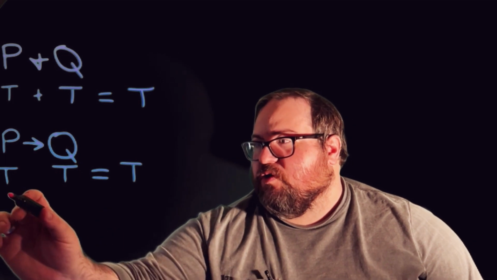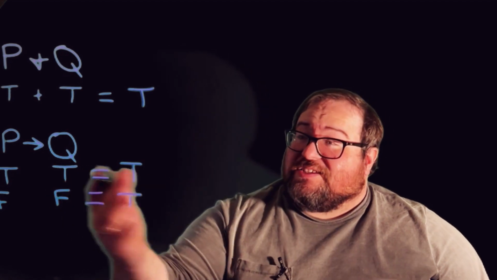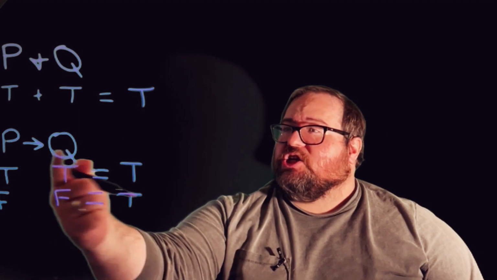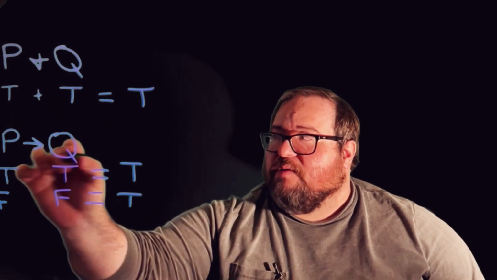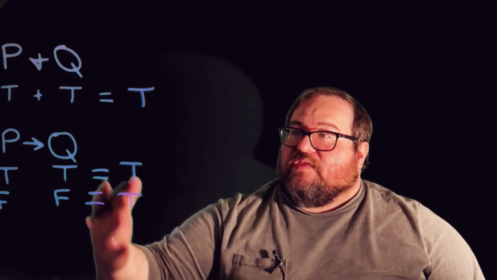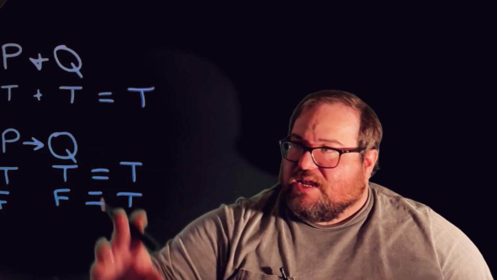Another case where it would be true is if neither of these conditions has been met. You might wonder, why is that the case? It's a true representation of what's going on here, because the relationship between these terms is not undermined by the truth value of the individual components. The relation is still maintained.